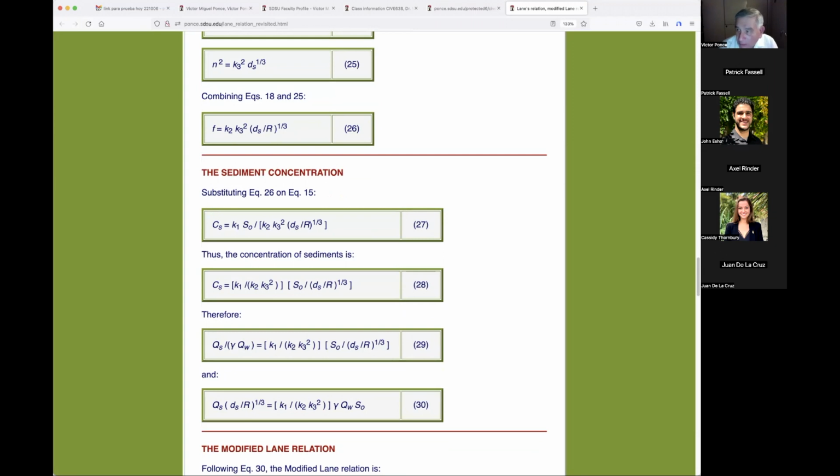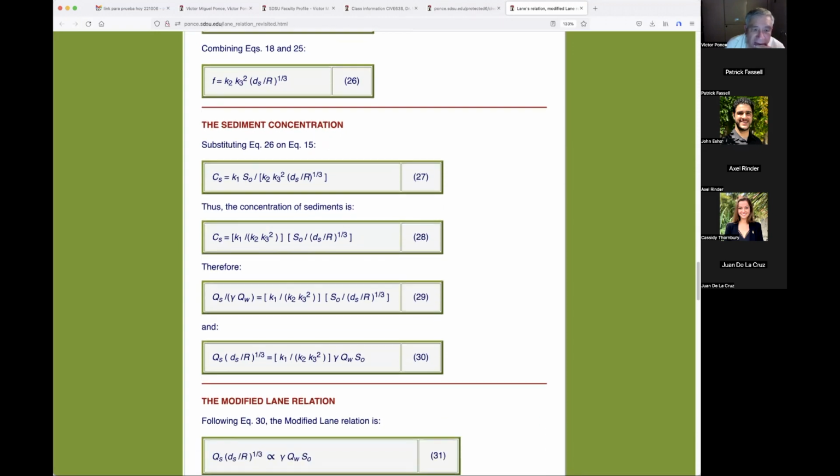K1 is the basic parameter of this whole thing, the essence of the sediment transport. K2 I believe is size, and K3 is friction. I'm pretty sure of that. So you have sediment, size, and friction, those three independent from each other. They cannot be tied together, because it's better to keep them separate.